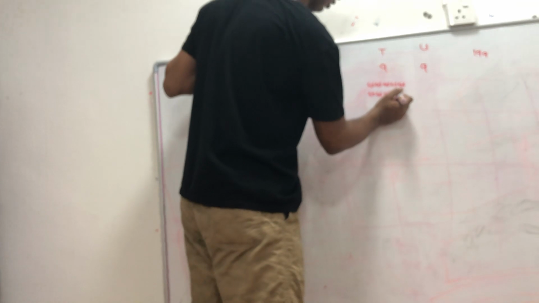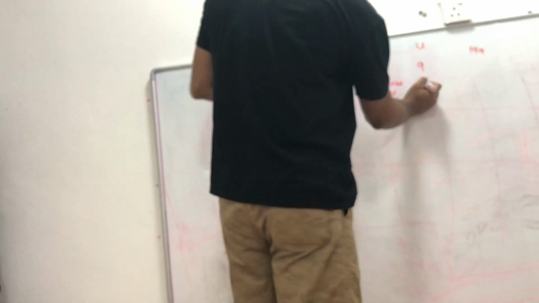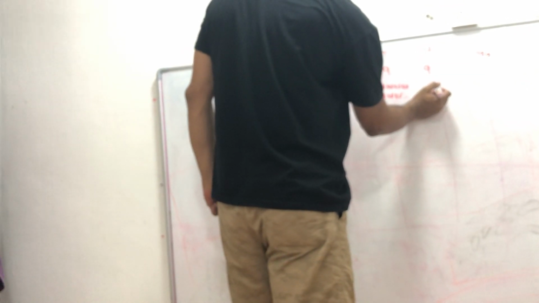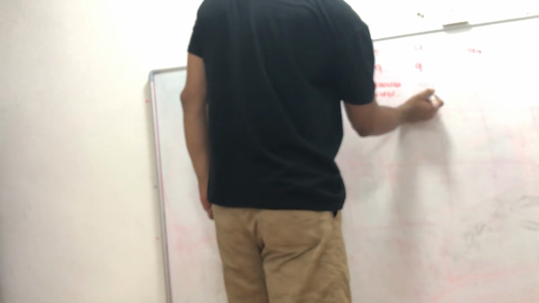I'm just showing the dots, but they're actually supposed to be 10. And 9 units, 1, 2, 3, 4, 5, 6, 7, 8, 9.